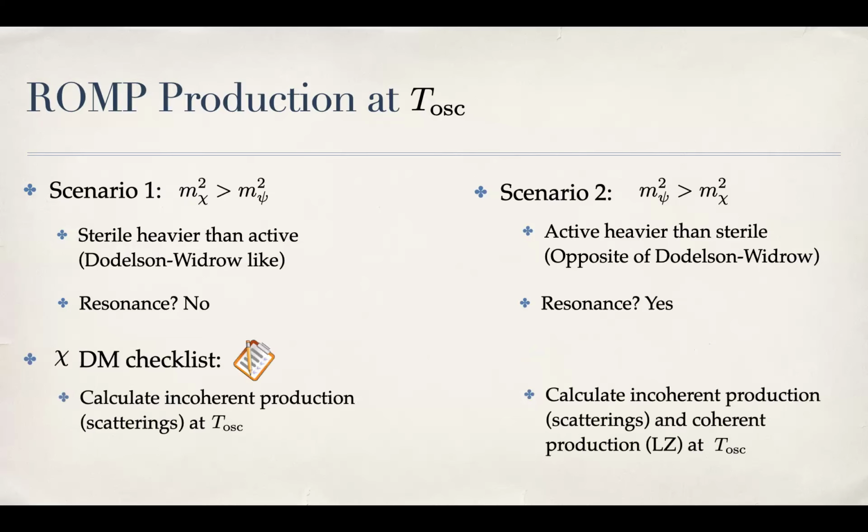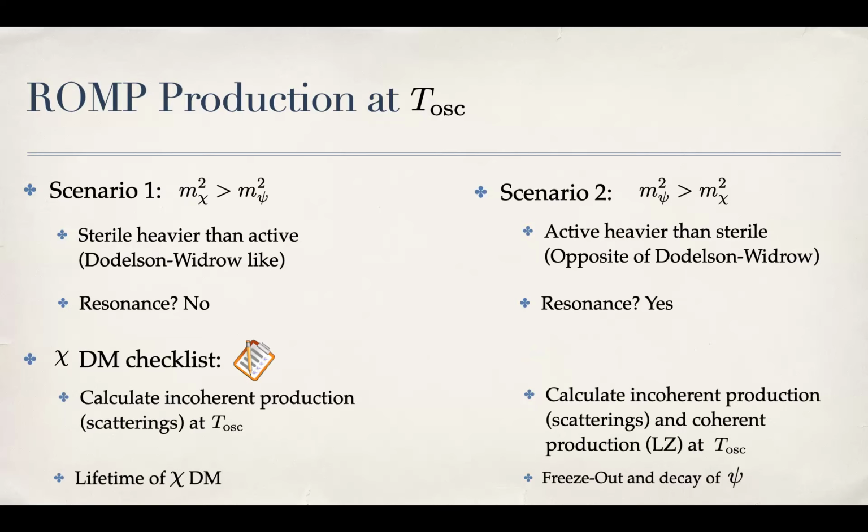Okay. So what that means is that in this first case, we just have to calculate these incoherent scatterings of production at T_OSC. Whereas in this scenario, we also have to calculate this Landau-Zener resonant-like production at T_OSC. Likewise, we have different phenomenology, and in this hierarchy, you have to worry about the lifetime of your chi dark matter because it's heavier than your active state.